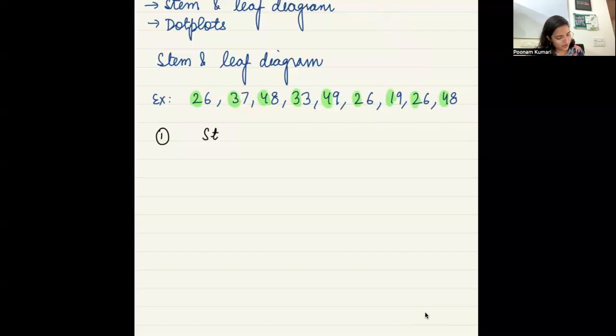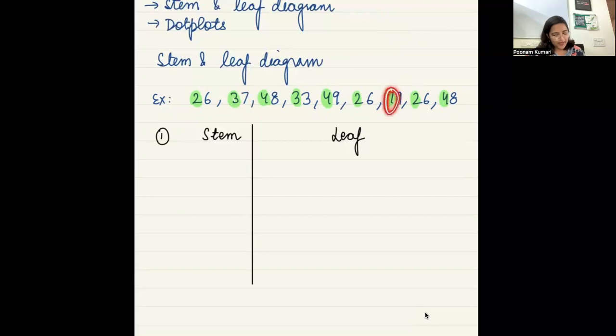So there is something called stem, and then there is something called leaf. So whatever your leading digits are, the digits in front. So in this particular example, all these are 2-digit numbers. So whatever is the first digit, they become your stem. So what are the different numbers that we have here?